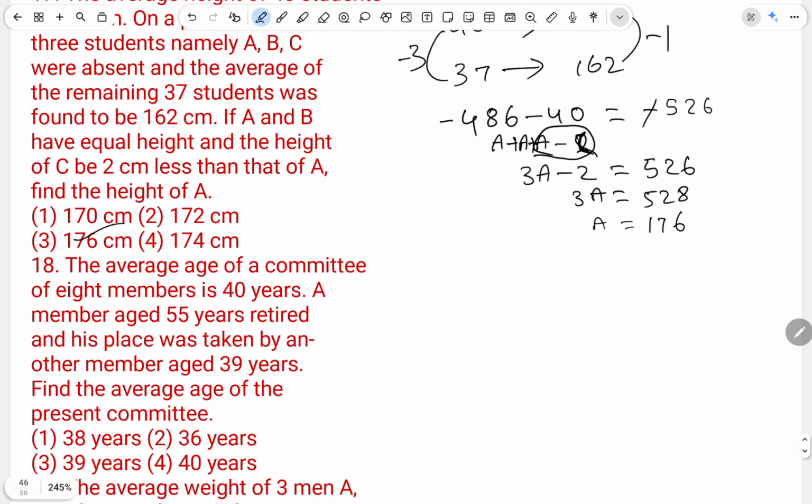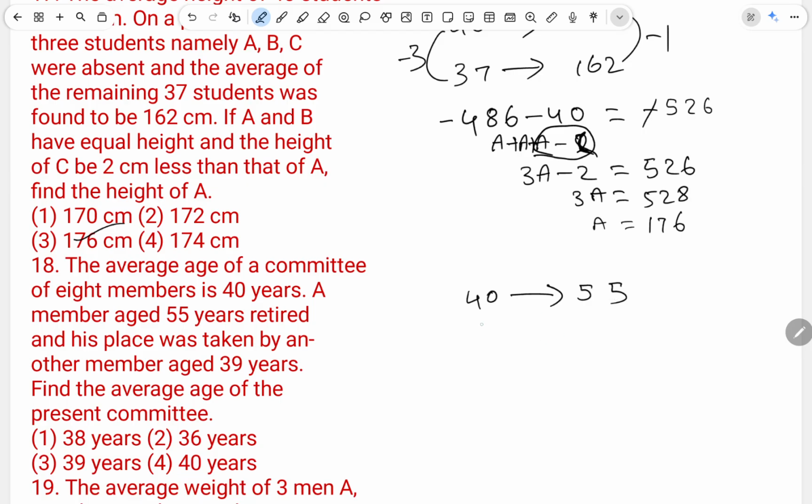Next, the average age of the committee of 8 members is 40. A member aged 55 years retired and his place was taken by another member aged 39. Find the average age of the committee.